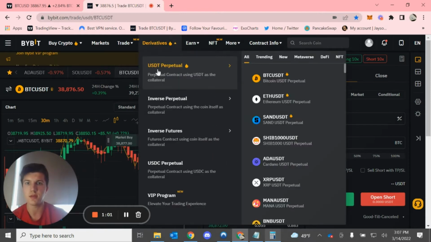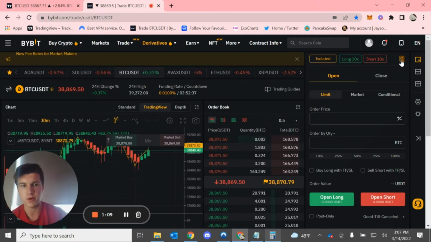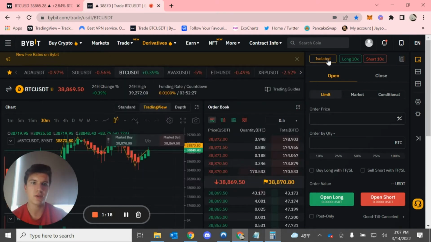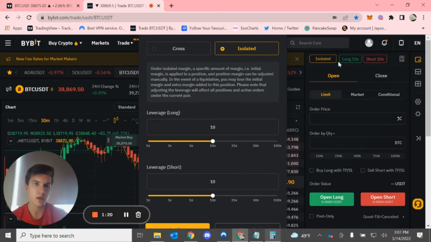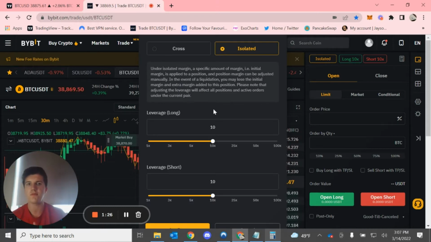I am in USD perpetual Bitcoin USDT. This is where you actually put in your order. Right by where you have the isolated and your leverage is a calculator. Now there are two different types of leverage.